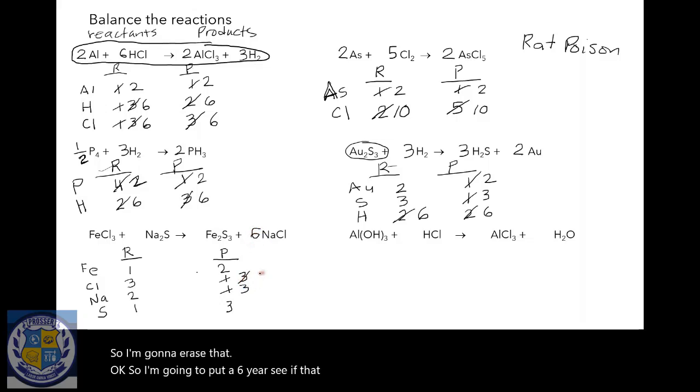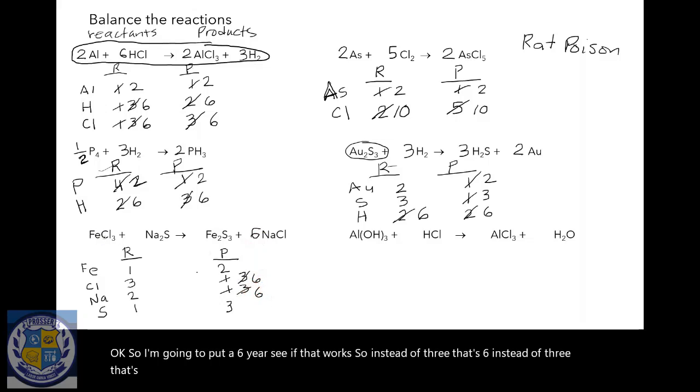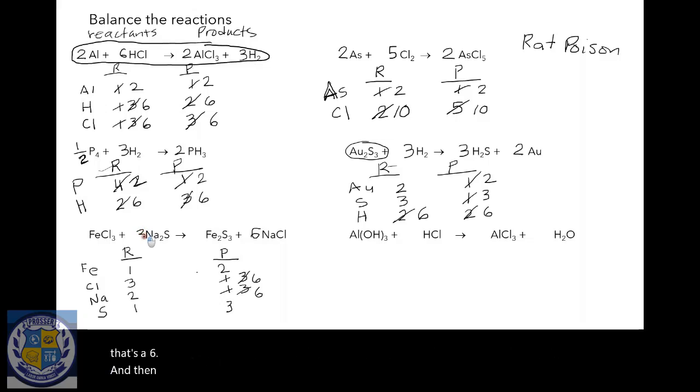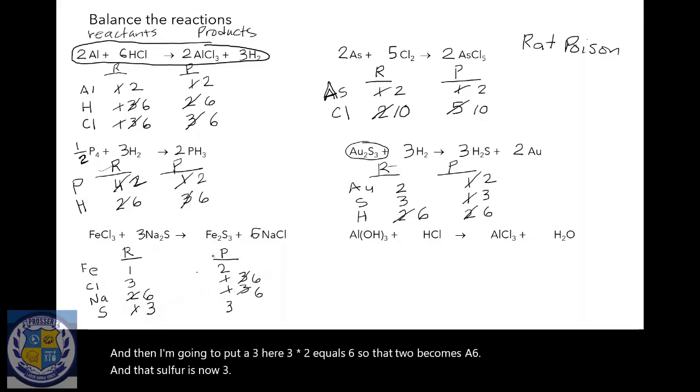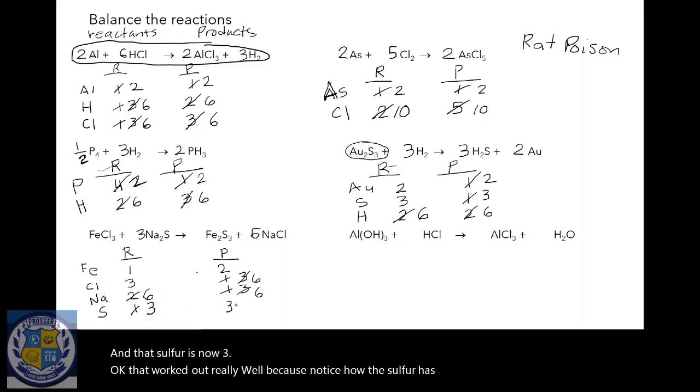So instead of 3, that's a 6. Instead of 3, that's a 6. And then I'm going to put a 3 here. 3 times 2 equals 6, so that 2 becomes a 6, and that sulfur is now a 3. Okay, that worked out really well because notice how the sulfur has 3 on the left and 3 on the right.